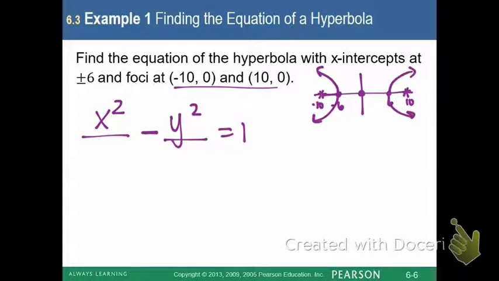Now, I already know that from the center, I'm going left and right 6 units for my vertices. So I know that under the x, there's going to be a 6 squared. What I don't know is how far up and down I would go to make my rectangle. Okay, so I'm going to have to use my equation a squared plus b squared equals c squared.